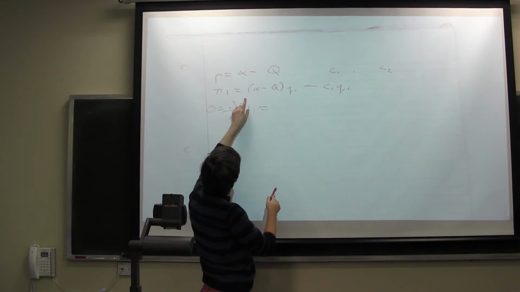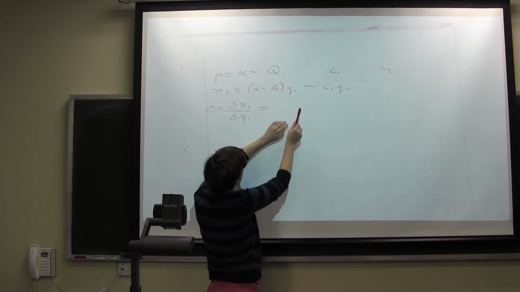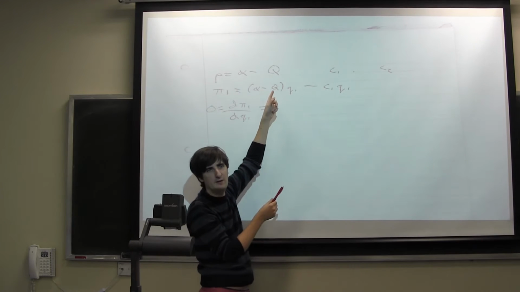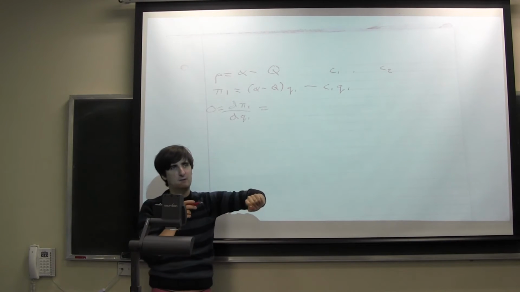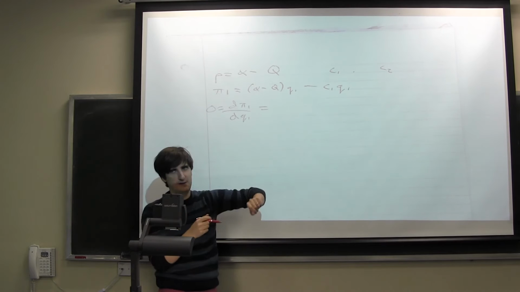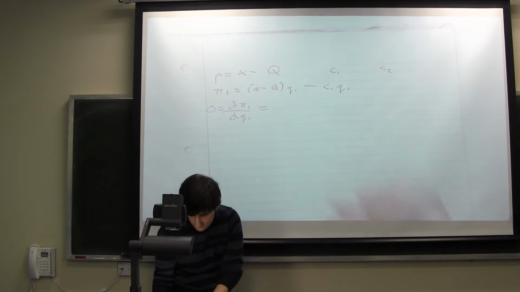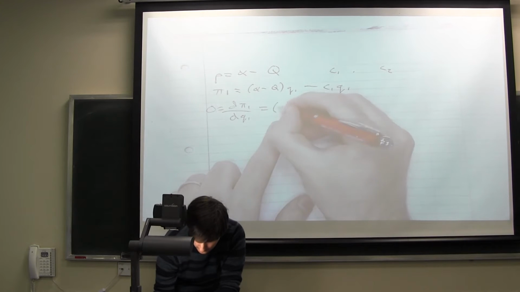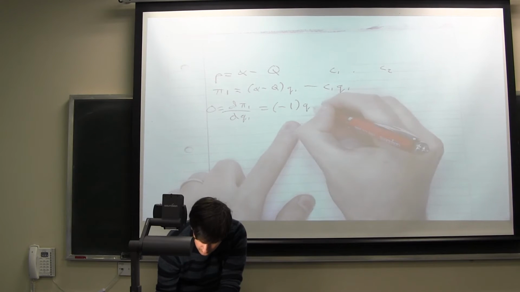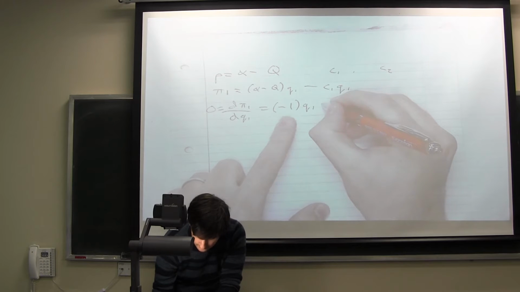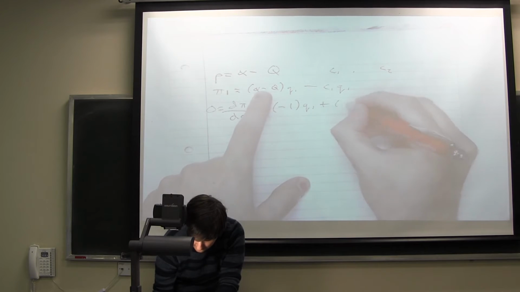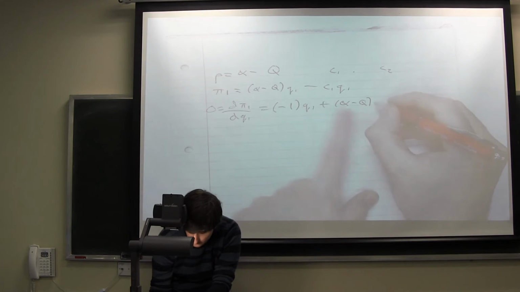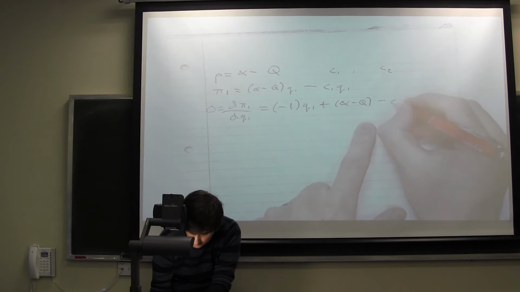So, again, use the product rule to differentiate this, and you remember that the derivative of big Q with respect to little q is 1. So taking derivative with respect to little q is just the same as taking derivative with respect to big Q. Okay, so this is derivative of this thing, which is minus 1 times q1 plus this thing, alpha minus q, derivative of q1, which is just 1, minus c1.